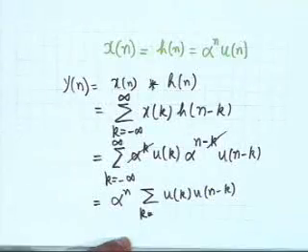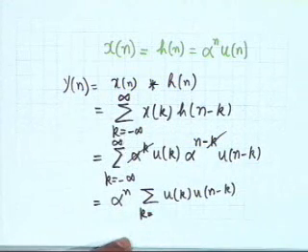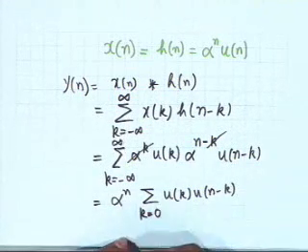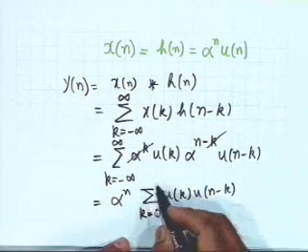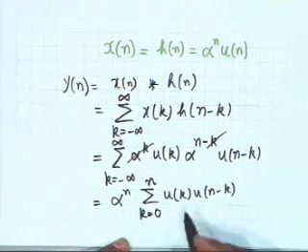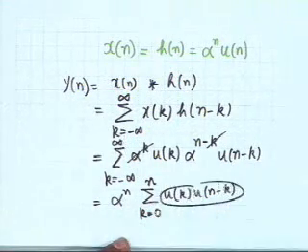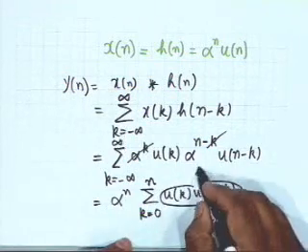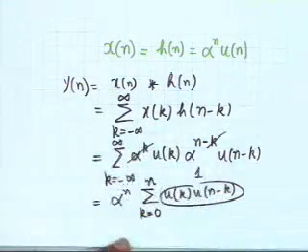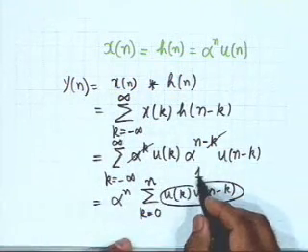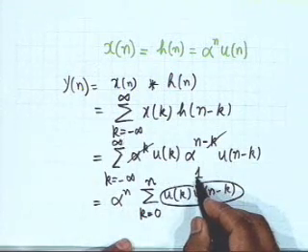All right. So where does this product remain non-zero? Between 0 and n. And what is the value of this product in this range? 1. At each point it is 1. So how many 1s are being summed up? n plus 1.